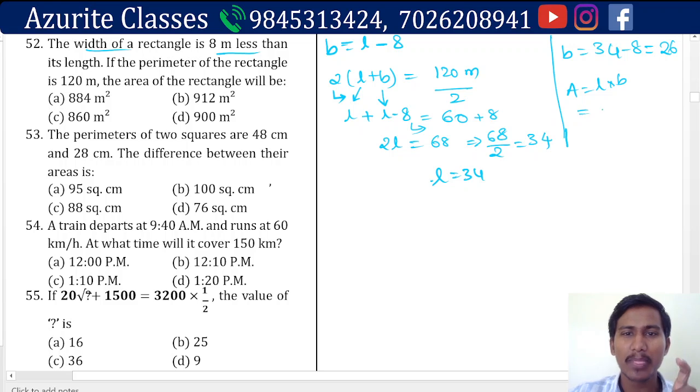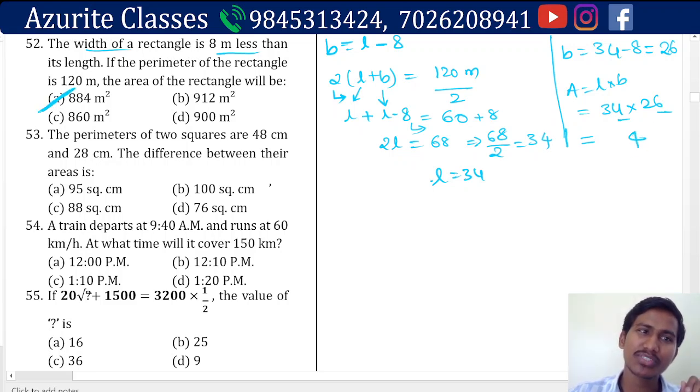Length is 34 into breadth 26. So 34 into 26, if you multiply, you will get the answer. 6 4s are 24 will be the unit digit. So which option? Option A is the answer, 884, right? So 884, option A will be correct.